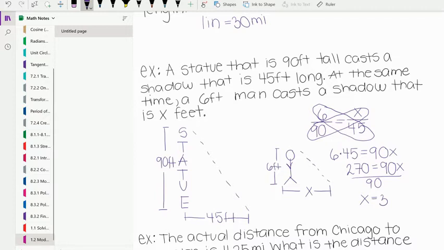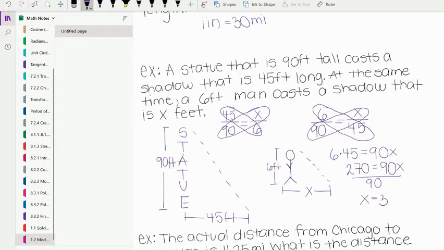Another way to do it is to do something like the length of the shadow. So we would say 45 over 90 is equal to the length of the man's shadow over the height. So again, when you cross multiply, you would end up getting the same thing. 45 times 6 equals 90x.